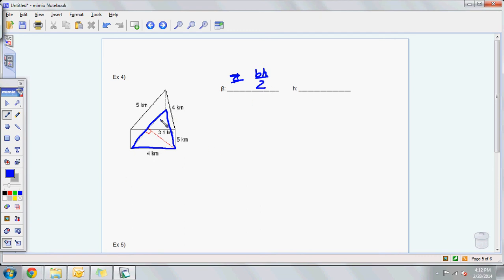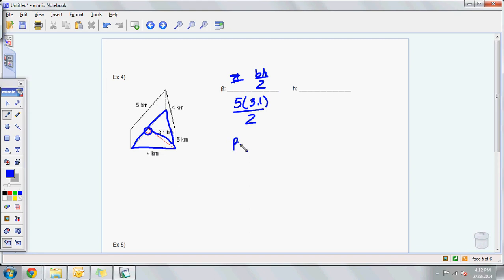So the base of my triangle, I don't see it right here, but if I look up, oh, this is the same thing. So the base of your triangle is going to be 5. The height of your triangle, remember, from that right angle, is going to be 3.1. And then I'm going to divide that all by 2.